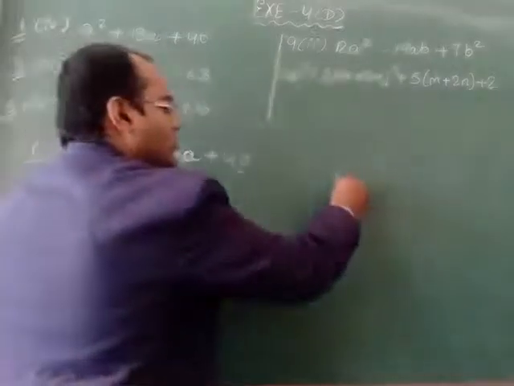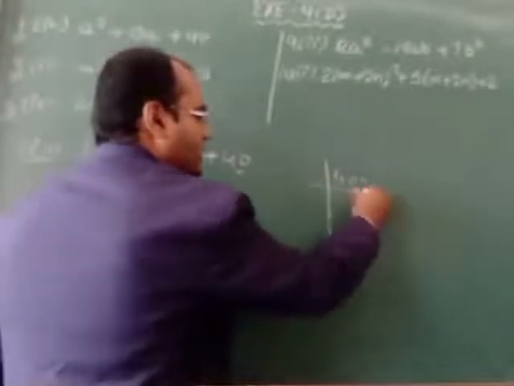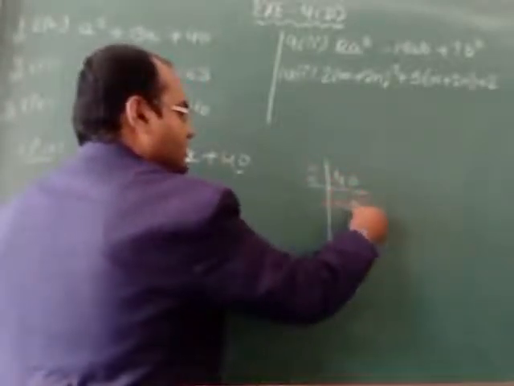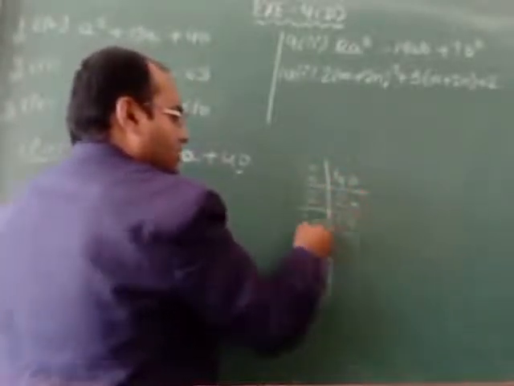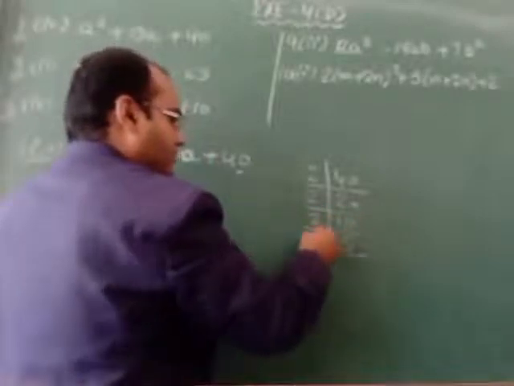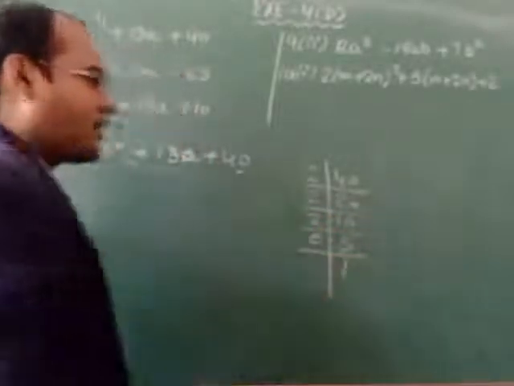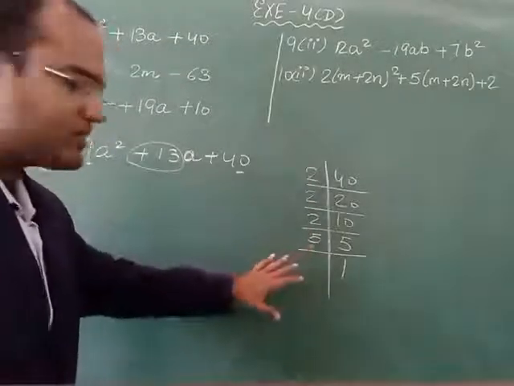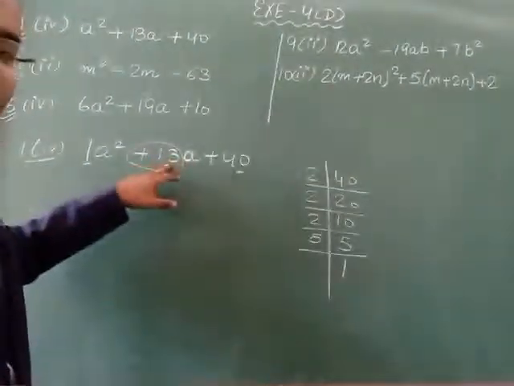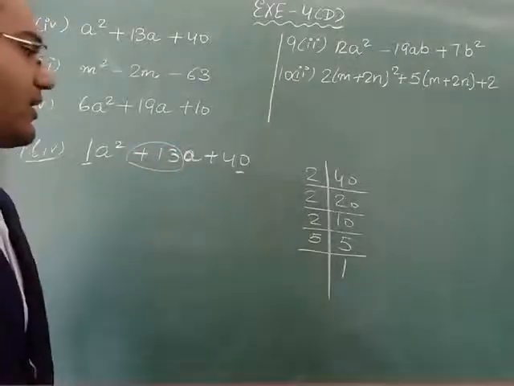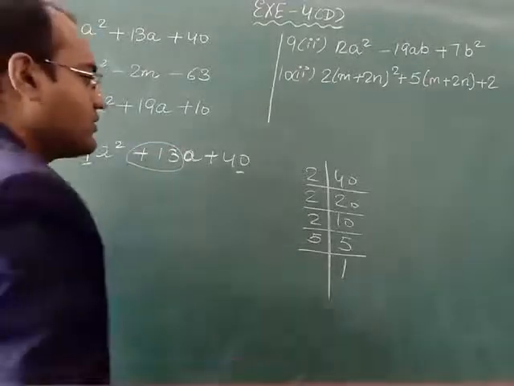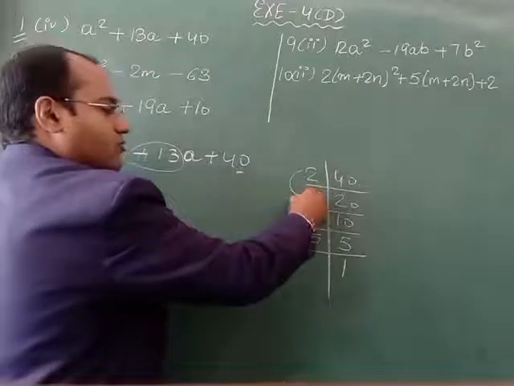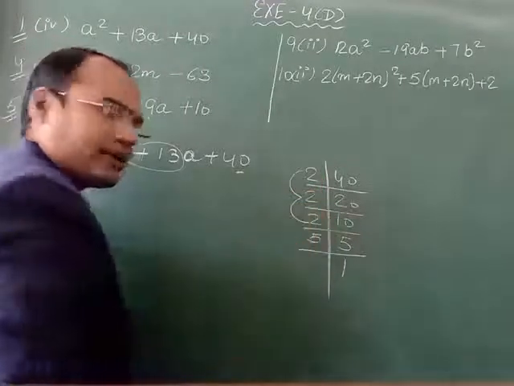Now in order to find the factors of 40, we will take prime factors. 2 twenties are 40, 2 tens are 20, 2 fives are 10, 5 ones are 5. Here we had to find the prime factors. Now with the help of these prime factors, we have to make 13. How will we make 13? 2 multiply 2 is 4, 4 multiply 2 is 8.